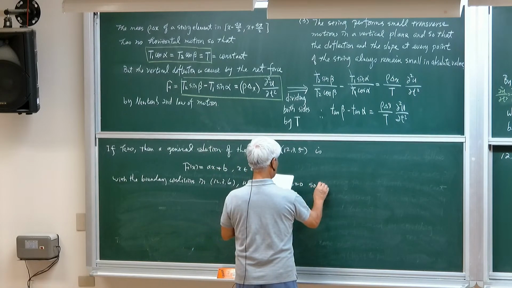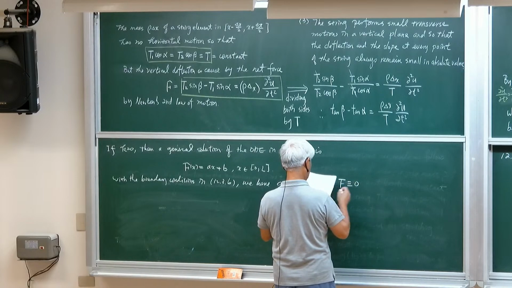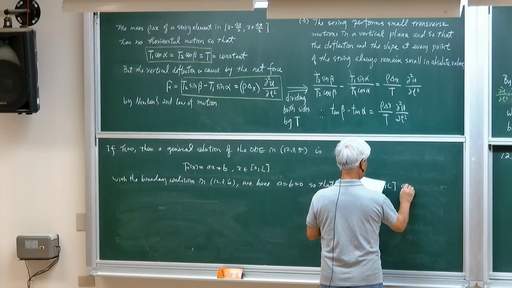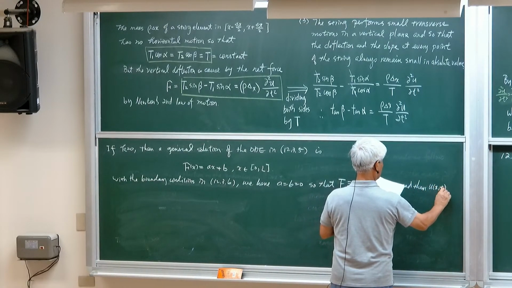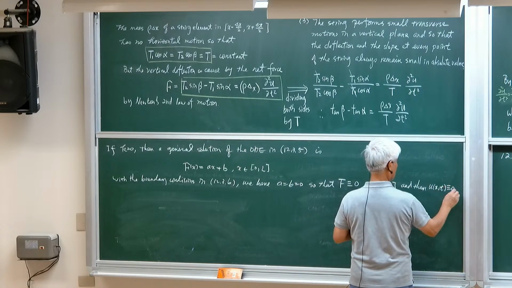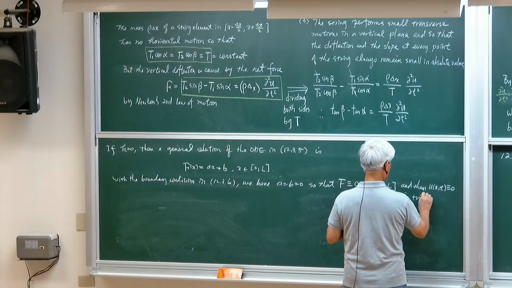So f is the 0 function on L, and then u of x,t is 0, which is trivial.